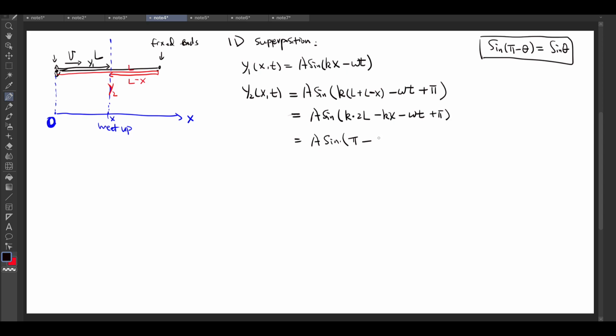To do that, I put in this parenthesis kx and then plus omega t, and then the additional factor also inside this parenthesis. So now according to that formula, we have a sine of kx plus omega t minus k times 2L.